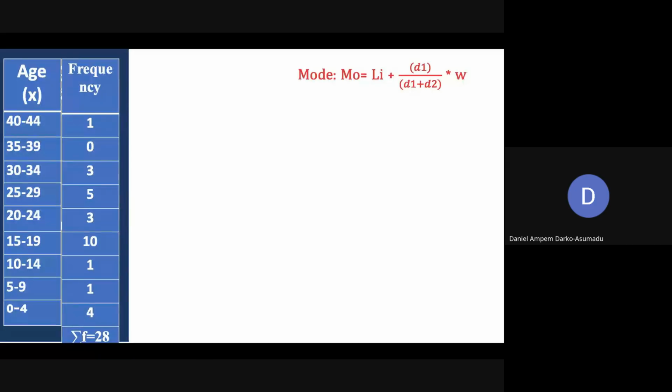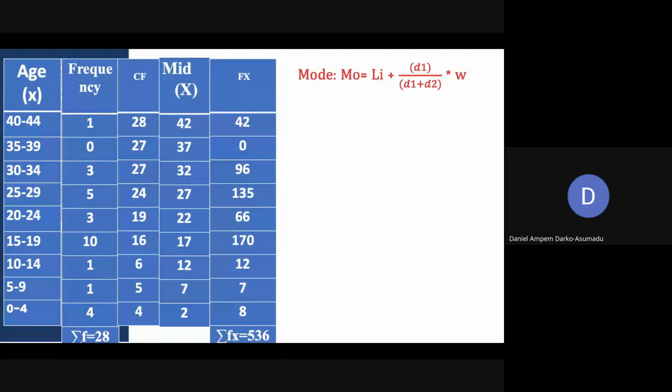Right. So with this, we are saying that the frequency with the most people having the ages between 15 to 19 is 10. As you can see, it's 10. It's the highest, the most occurring frequency. So if you're finding the L1, the lower class boundary of the class that contains the most occurring frequency, the lower class boundary will be what? 14.5.